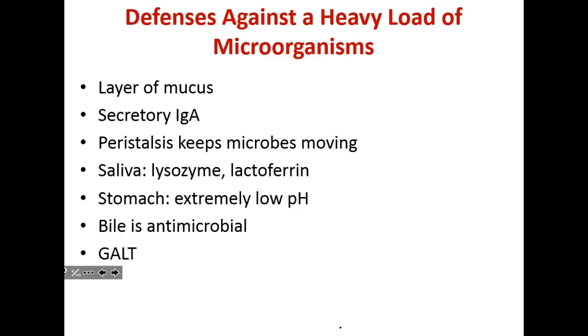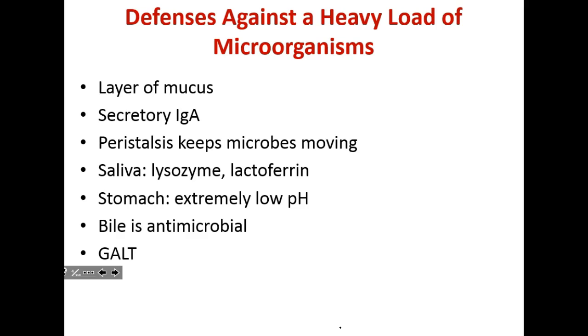So unlike the cardiovascular, lymph, or nervous system that have no normal biota, there is a heavy load of microorganisms in the gastrointestinal tract. We have a layer of mucus, secretory IgA.